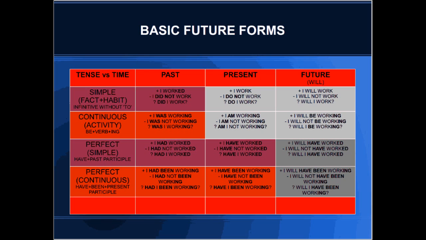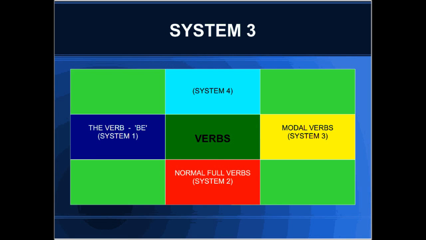We now return to our basic verb map chart, where we add in the third group, which is system 3 and is modal verbs. Let's have a look at basic modal structure.